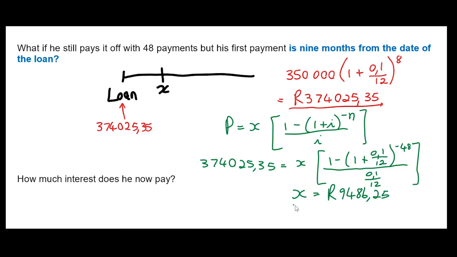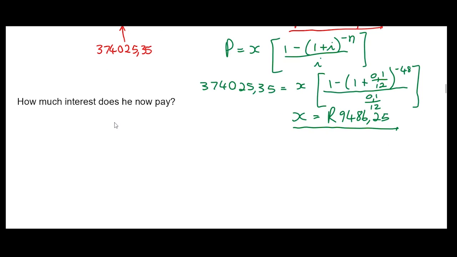Right. Again, we get asked how much interest does he end up paying? Well, the only amounts that he pays are 9486.25, and he pays that 48 times for a total of 455,339.96. Right, and remember this was to borrow 350,000 Rand.